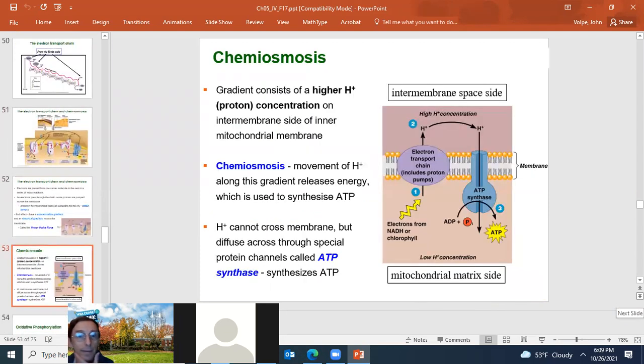We already talked about that. Just making sure. This exact step of the hydrogen ions flowing through ATP synthase to make ATP is called chemiosmosis. I don't really use that term, but that is something that another instructor may use, and I think your textbook talks about it.